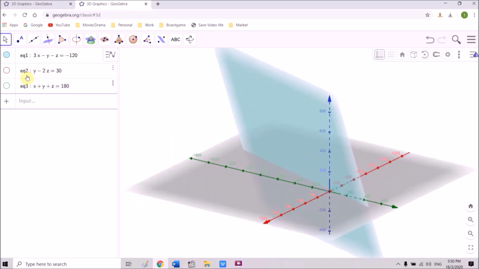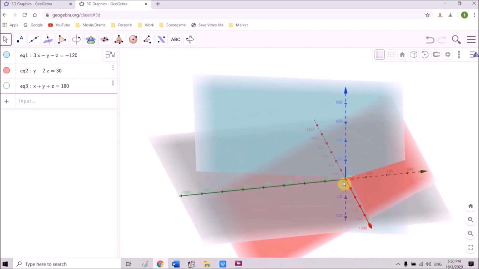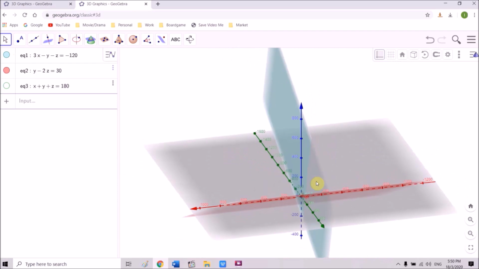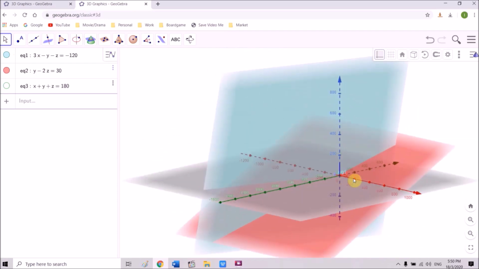The second equation, when we plot it, we will have this red colored plane. Notice that the two planes intersect each other along this line. And the third equation, when we plot it, will form the third plane which intersects the blue plane and the red plane.